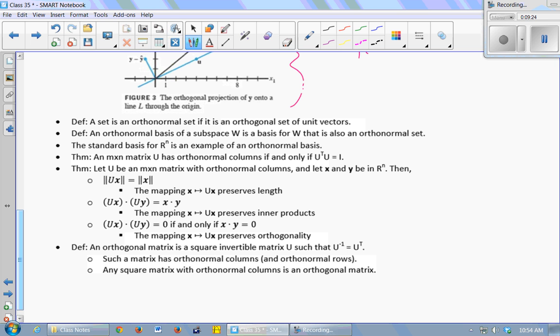So let's think about R2. This vector and this vector, i and j, form an orthonormal basis, because those two vectors are perpendicular and they have length 1. If I rotate each of those, say 30 degrees, this still has length 1, and this still has length 1. They're still perpendicular, but it's a different basis.